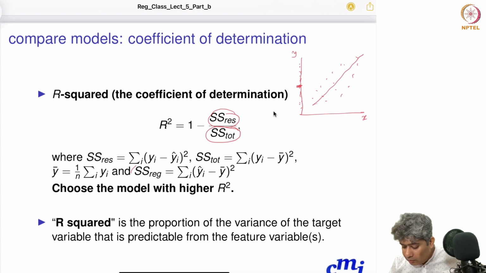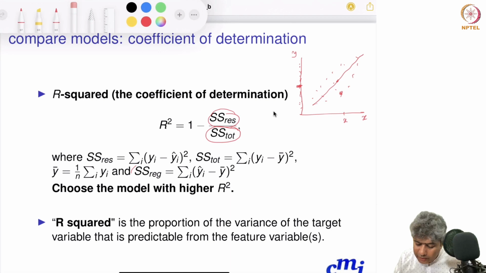Now, for a particular x, you made a prediction. Suppose the y was observed here, but your prediction is here.